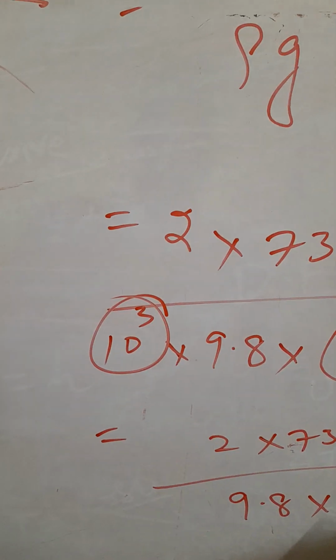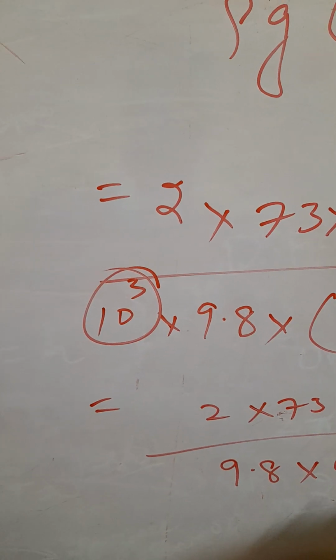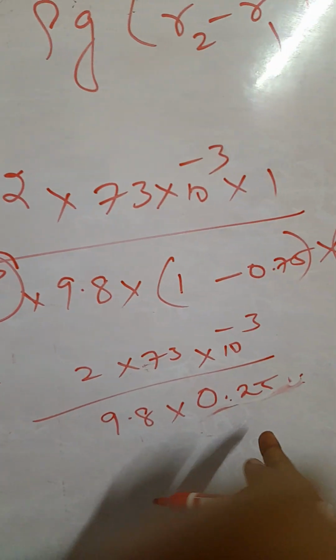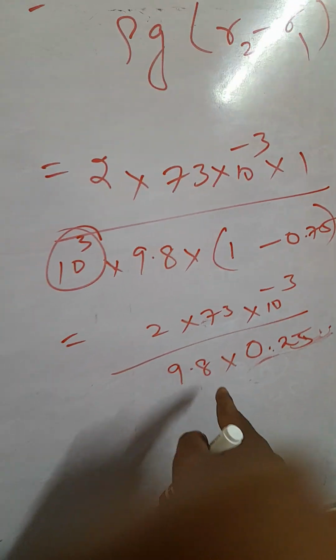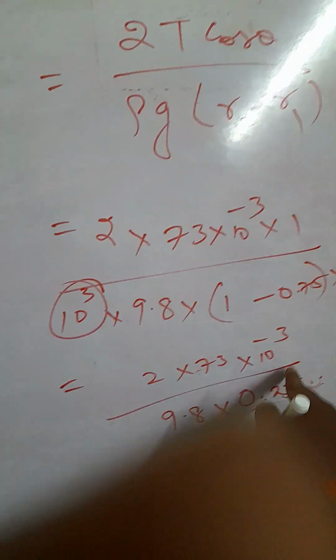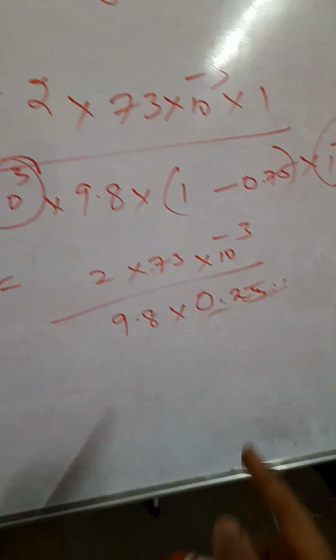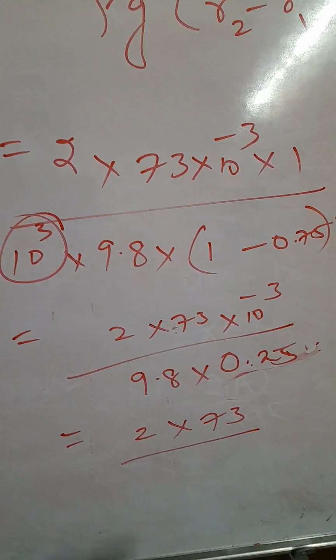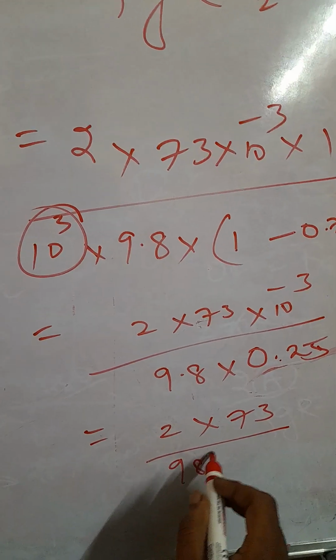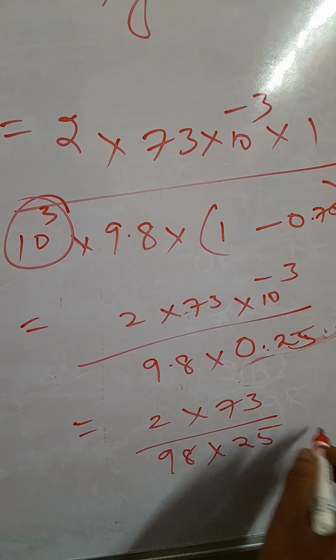Here it is 10 power minus 3 and here also 10 power minus 3, so we can cancel them. We'll be left with 2 into 73 divided by 98 into 25.